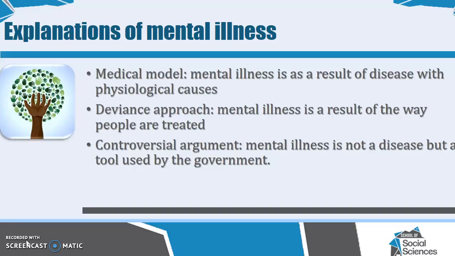For example, the mere fact that we have separate treatment for people who are mentally ill, or separate institutions, separate wards in a hospital, indicates that these people are different, and they are treated with that difference. Thus they are seen as deviant, seen as abnormal, and that creates the mental illness as a result.